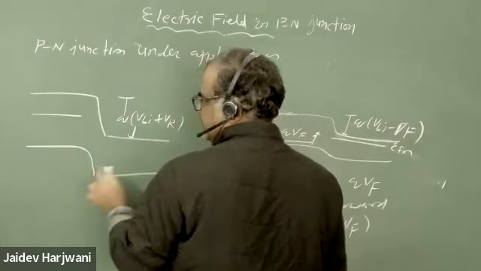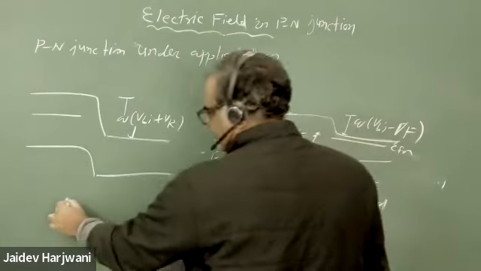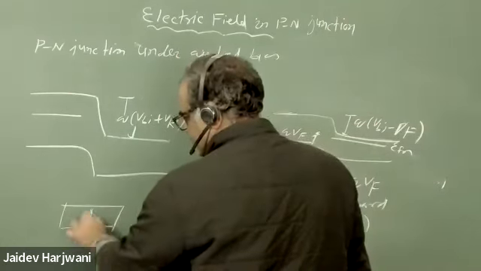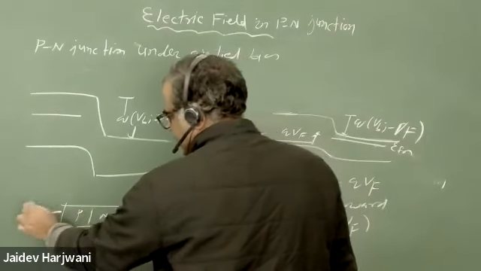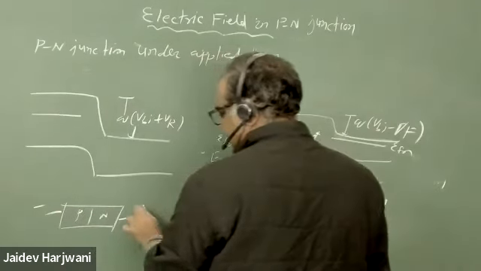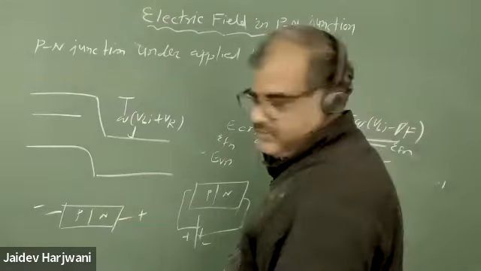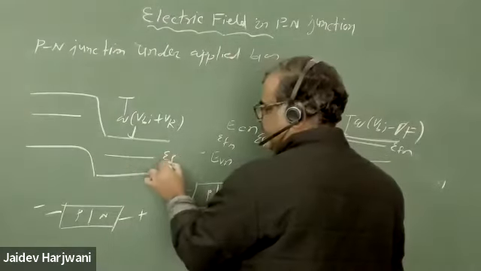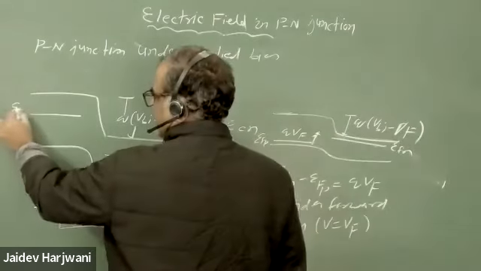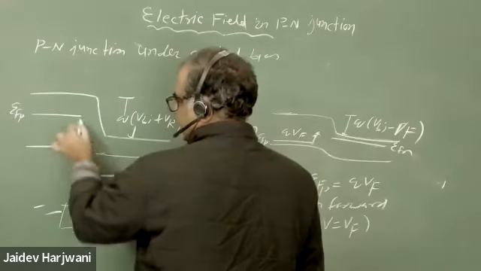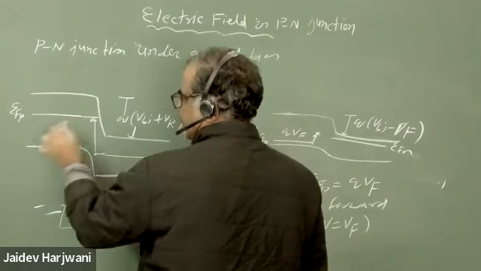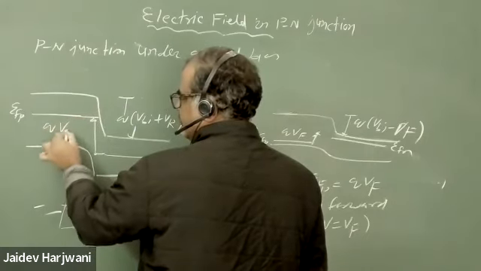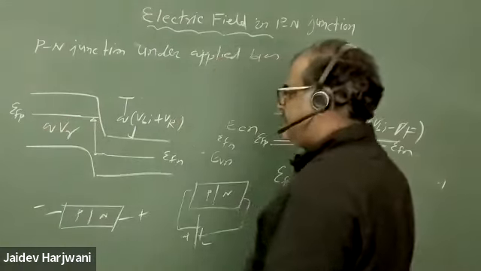In reverse bias, you are applying minus here, and here you're applying plus. Okay, so your Fermi level will be somewhere here, EFN, and here you will have EFP. And the gap between these two will be your QVR, reverse bias.